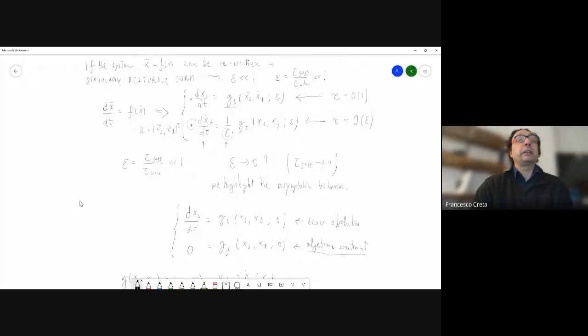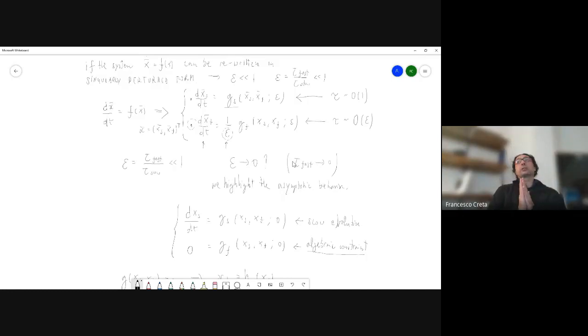So the idea that we saw is that, epsilon being the ratio of the fast to slow timescales, you can have epsilon go to 0. And this essentially means that the fast transient shrinks to 0.